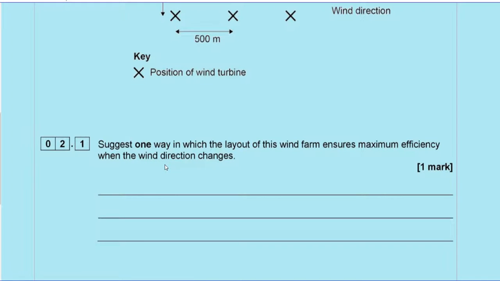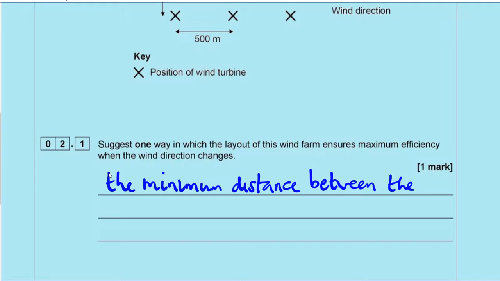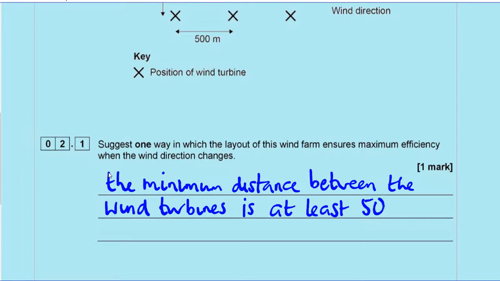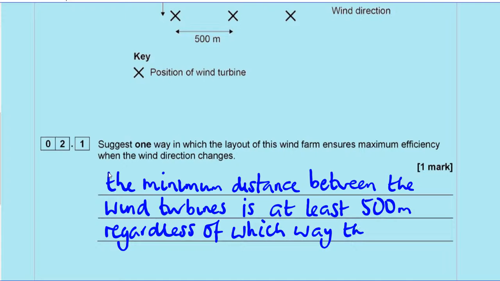A sensible way of writing that down is to say that the minimum distance between the wind turbines is at least 500 meters regardless of which way the turbines are facing.